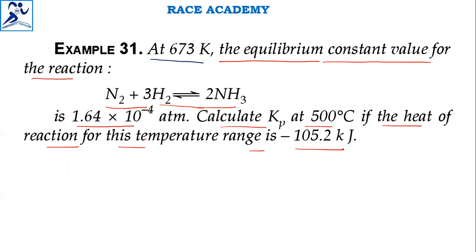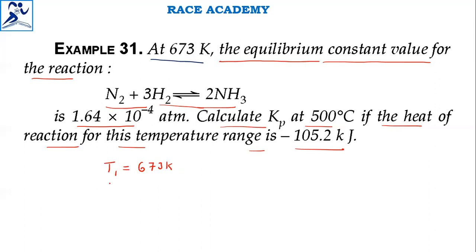Here, the aim of the question is to find the equilibrium constant, but they have given an equilibrium constant to us. In such a case, we will consider two equilibrium constants. Suppose the temperature T1 is 673 Kelvin.